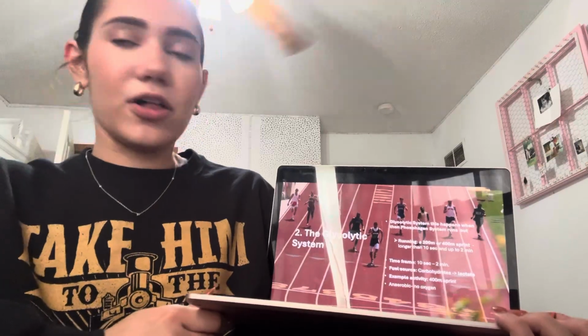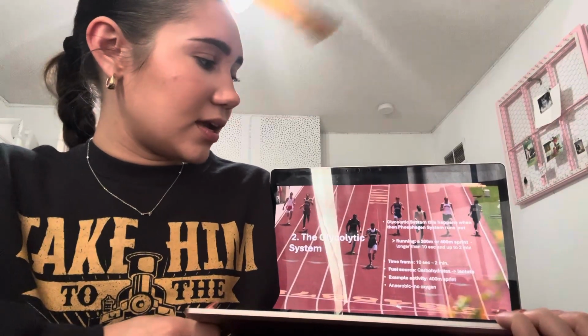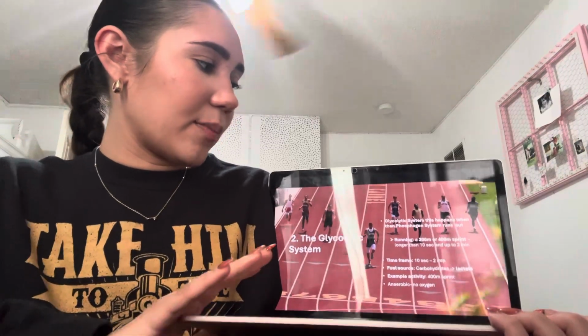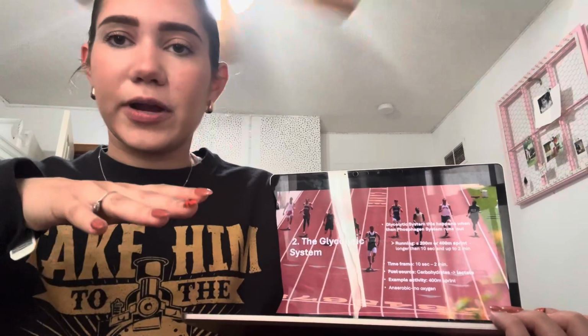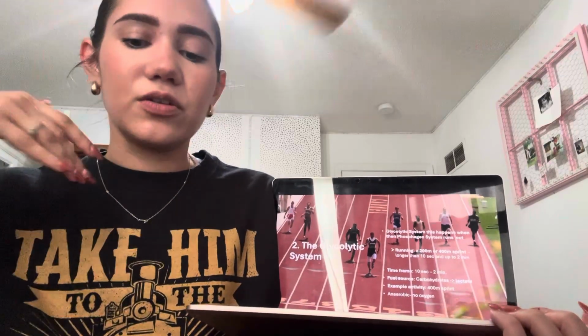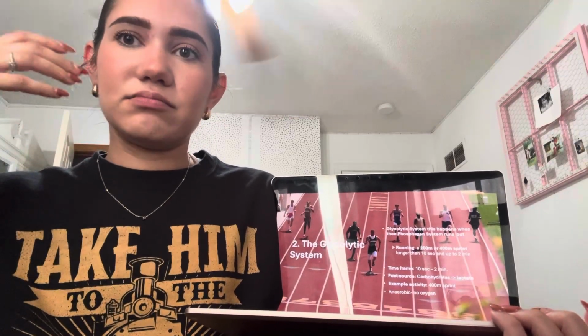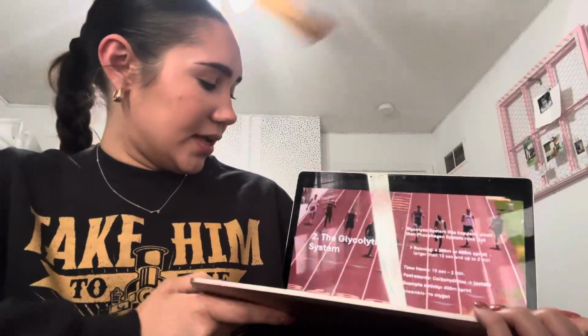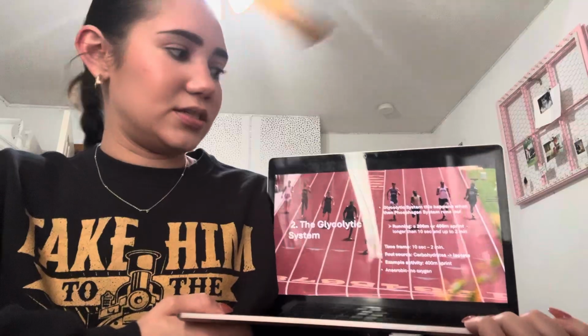Next, we have the glycolytic system. This system is a little bit longer. It goes from 10 seconds to 2 minutes. Here I put the 400 meter sprint. This is something that is still fast. You're still using that energy that you have, but this is right after that 10-second mark, where we're done using the phosphagen system, and now we're using this glycolytic system for our energy fuel.